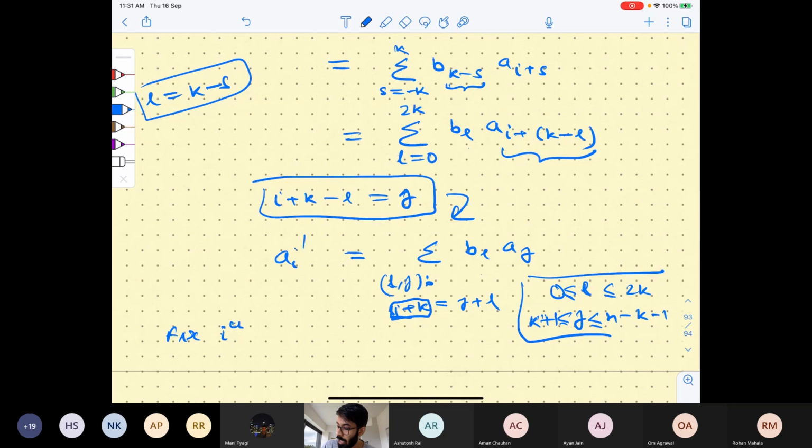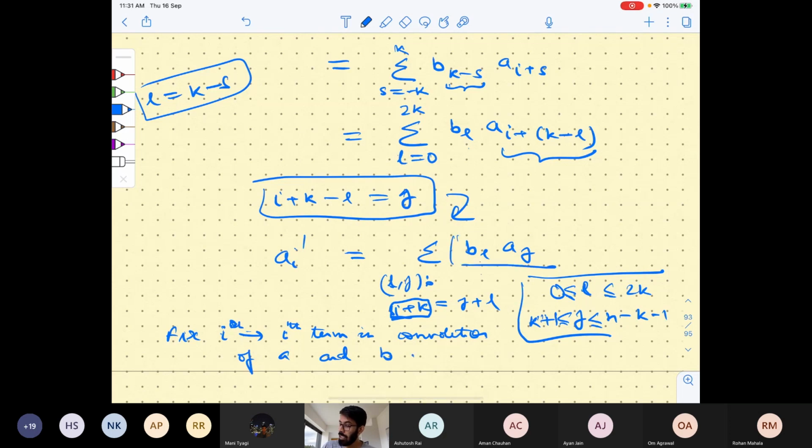So the smoothed ith term, fix I, and then we get that this is the ith term in the convolution of A and B, right?